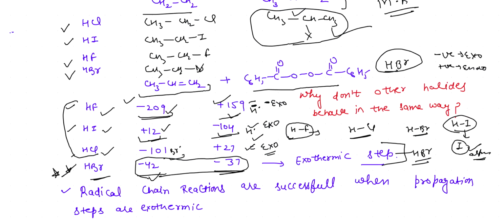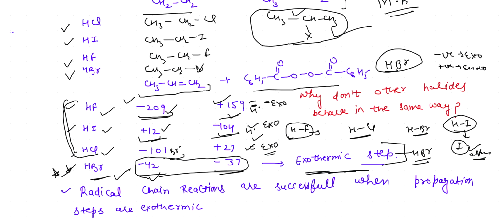This is the reason the other halides do not behave in the same manner as HBr, because in case of HBr, both the steps are exothermic. In other halides, one is exo, another is endo. That makes either the addition of halide radical or H radical difficult.